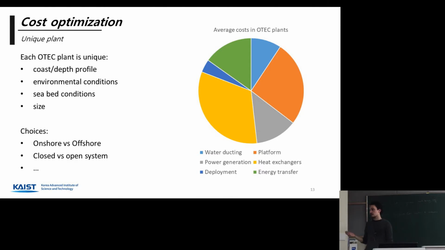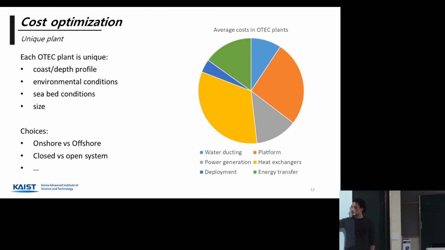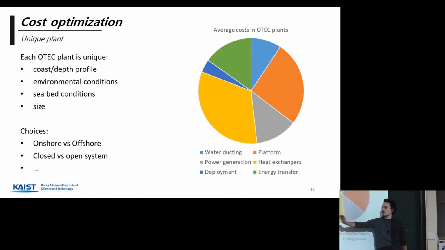And there are some choices they can make. For example, should we build the power plant onshore or offshore? In the video it was offshore, but if we choose an onshore way, then here you can see the cost. For example, onshore will reduce the energy transfer because the energy is already on the land, so it will reduce the green part, but it will probably increase the water ducting because we need to take water from further away.